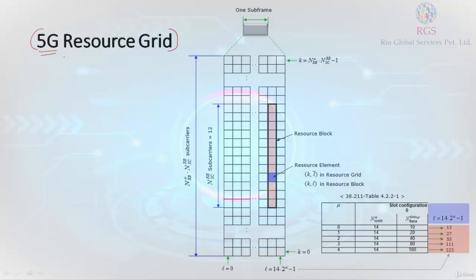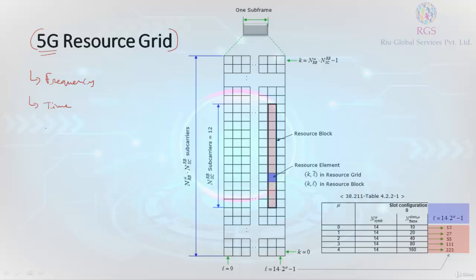Let me start with the very basics. To understand resources in any telecom network, we have two domains to understand: one is the frequency domain and the other one is the time domain. In this chapter, we will discuss both.